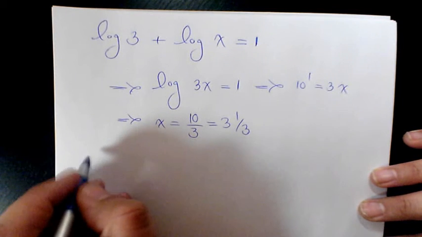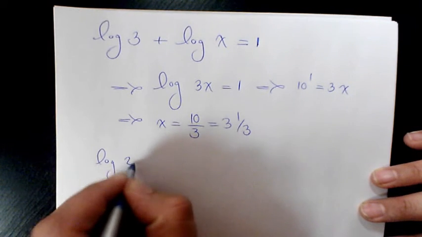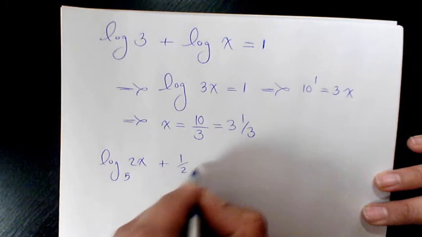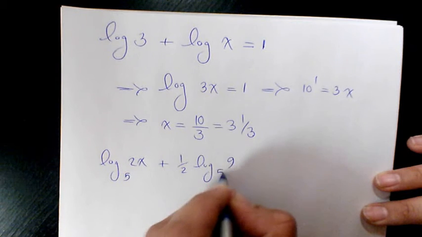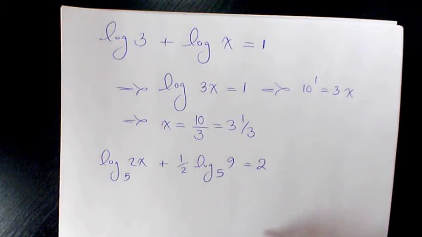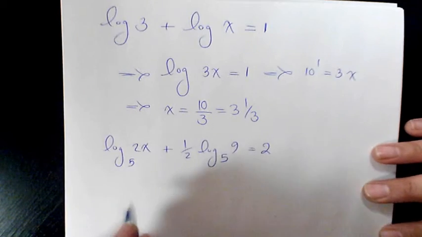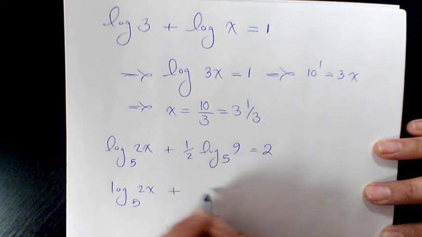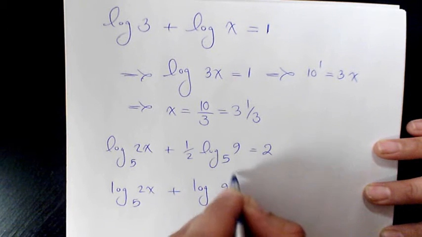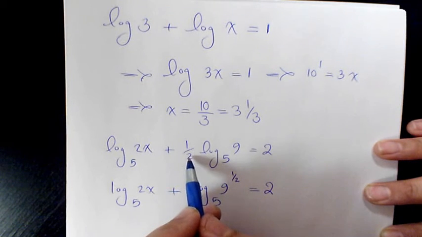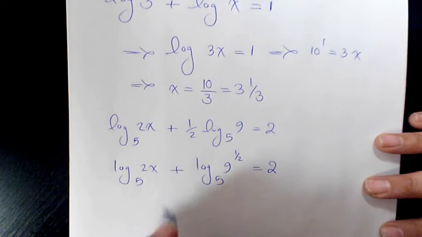Next one is log 2x base 5 plus 1 over 2 log 9 base 5 equals 2. So, in this case I can say log 2x base 5 plus log 9 to the power of 1 over 2 equals 2. Because whenever we have the coefficient, we can write it as the exponent.